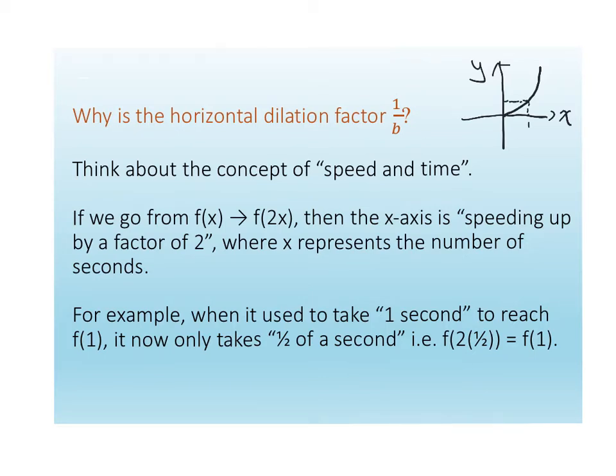I am doubling the speed of x. If that's 1 second, then to reach the same point is actually half of a second, correct? So you can see that it is dilated by a factor of half.